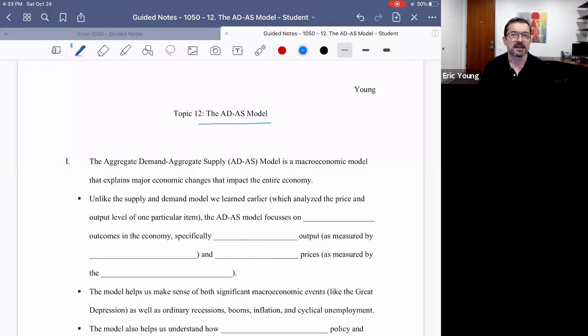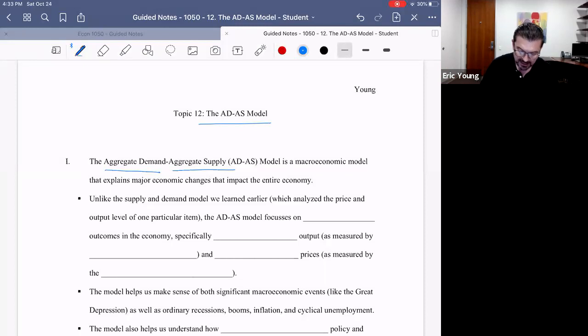The ADAS, or the full name, the Aggregate Demand, Aggregate Supply Model, is a macroeconomic model that explains some of the major economic changes that occur throughout the entire economy. So all those things that we've talked about so far, recessions and booms and inflation, as well as all those different parts of the business cycle, we're going to bring together and analyze through the context of this ADAS model, okay?